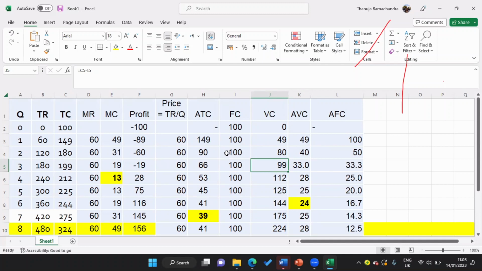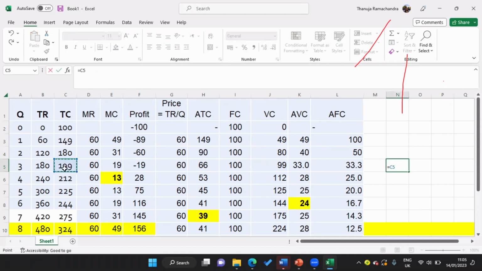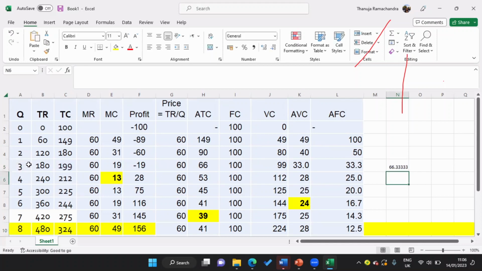TC is 199. 199 divided by 3 should come as a decimal, 66 something. Yes, it's coming now. 199 divided by 3, 66.66.